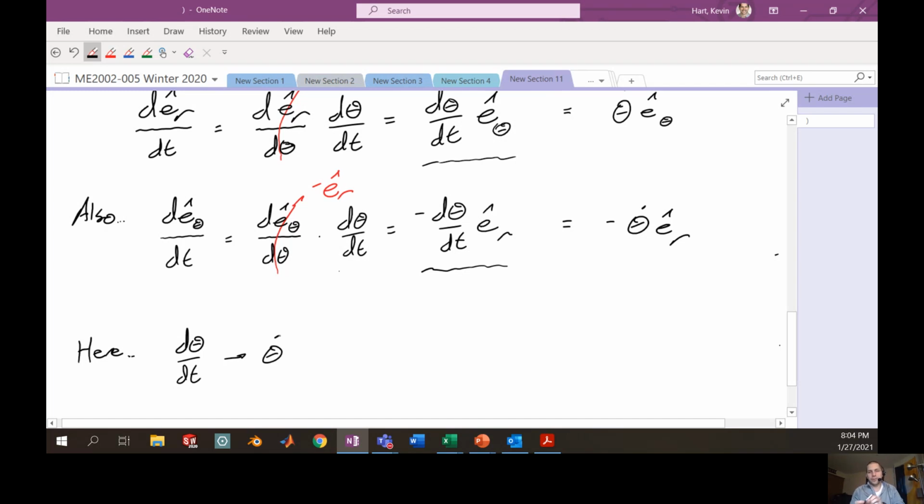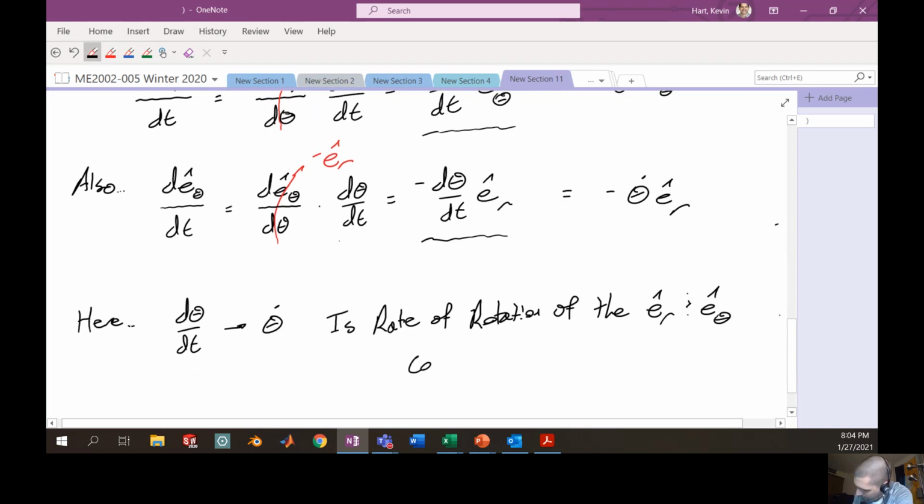This is sort of the rate of rotation of this coordinate system. Okay. Now, what do I mean by that?